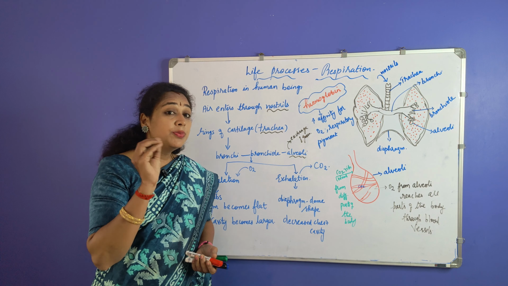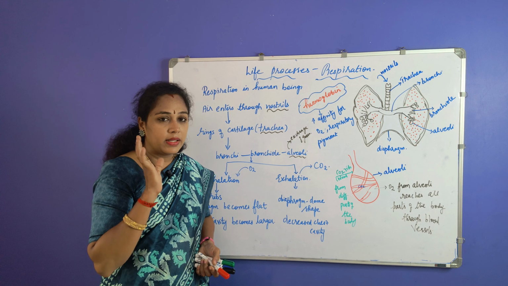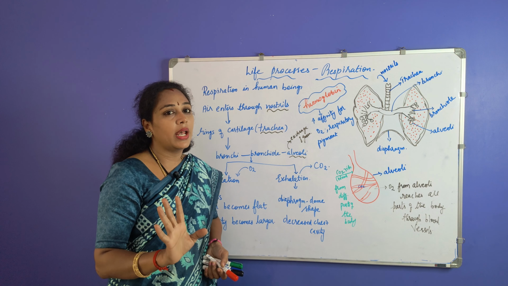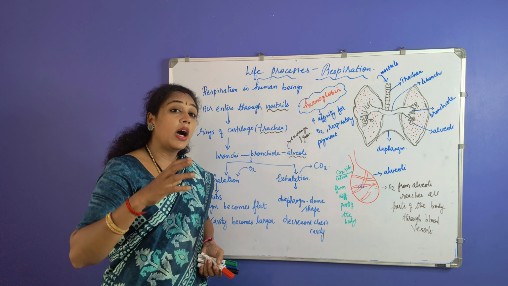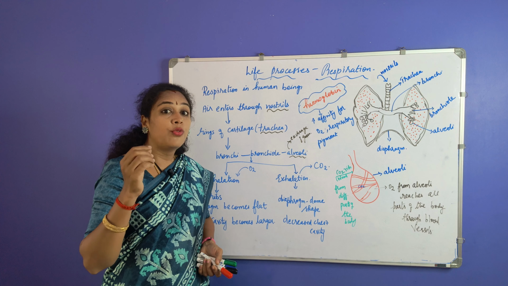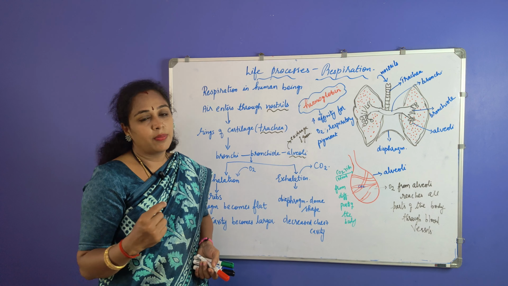Now this process takes place by simple diffusion, but if the entire process happened only through diffusion, it would take a lot of time for one oxygen molecule to reach our body.